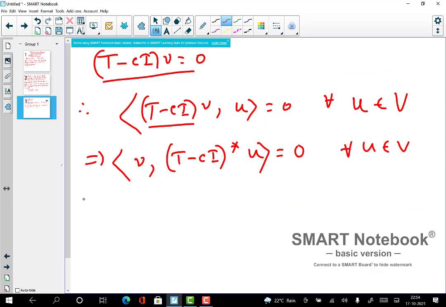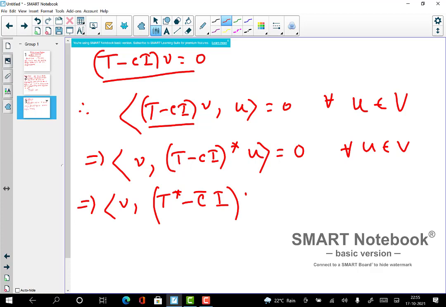So what does this mean? This means the inner product of v with (T star minus (cI) star) of u equals 0. But (cI) whole star equals c bar times I, a property we already learned in the last class.